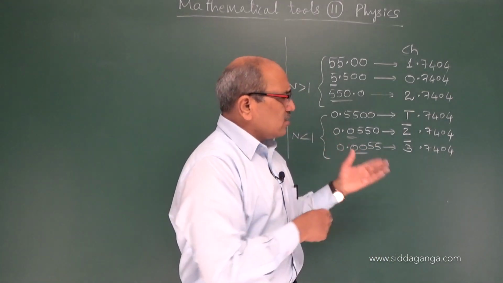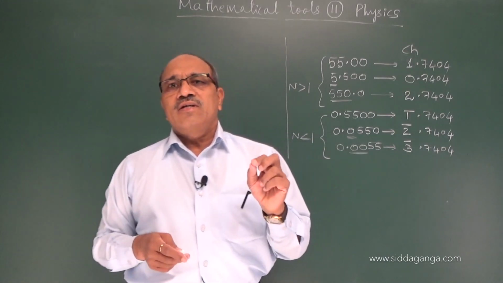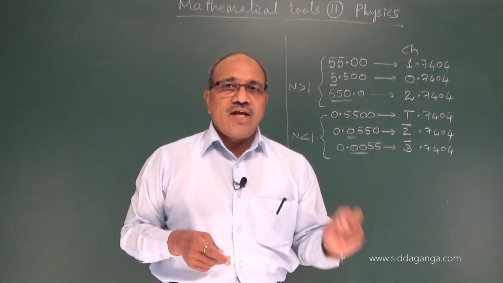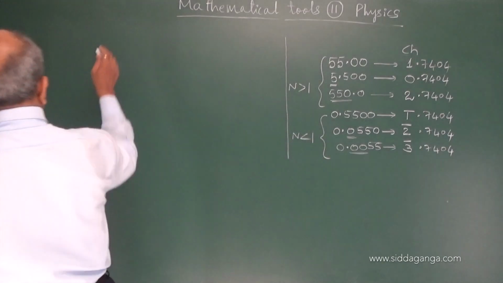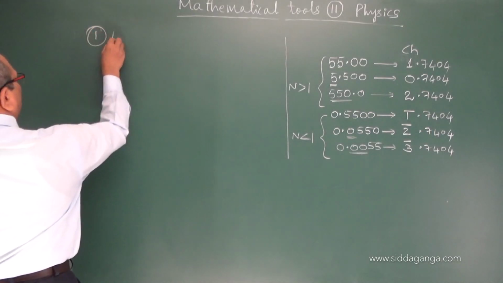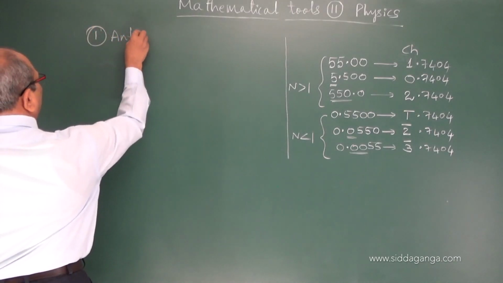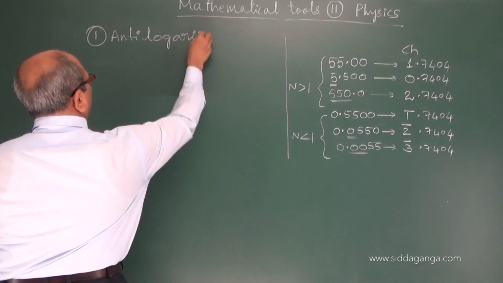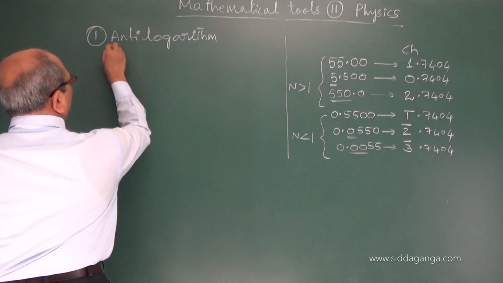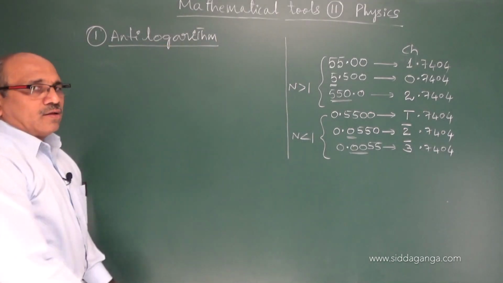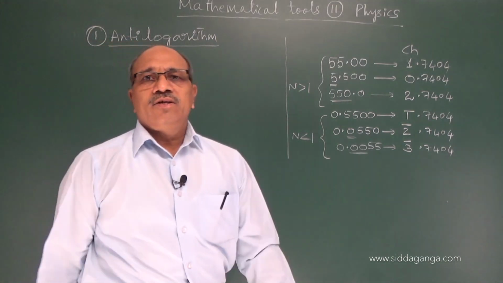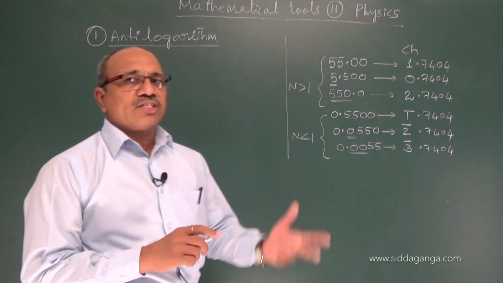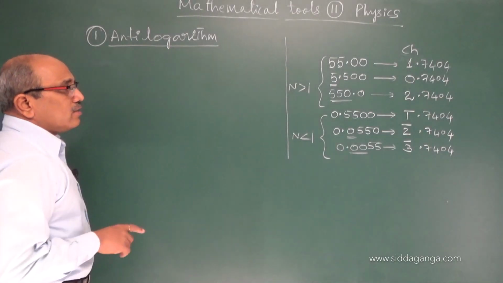After doing some computation, we come to finding the anti-logarithm. So how do we work out the anti-logarithm part? It is returning back to the decimal system from the powers of 10, decoding whatever we did.